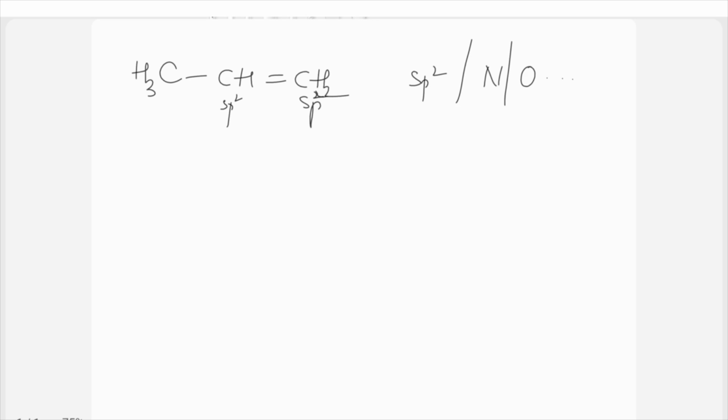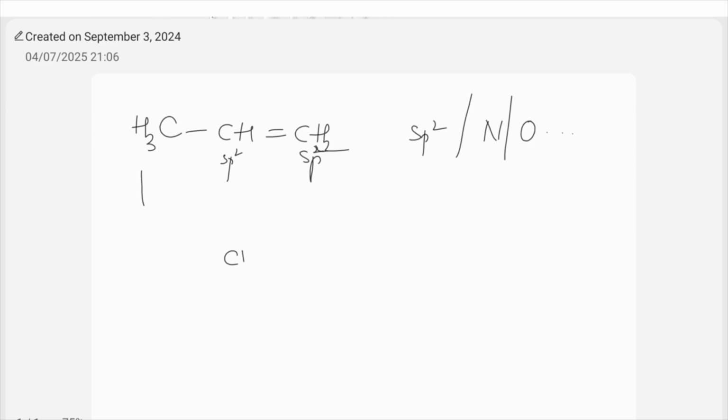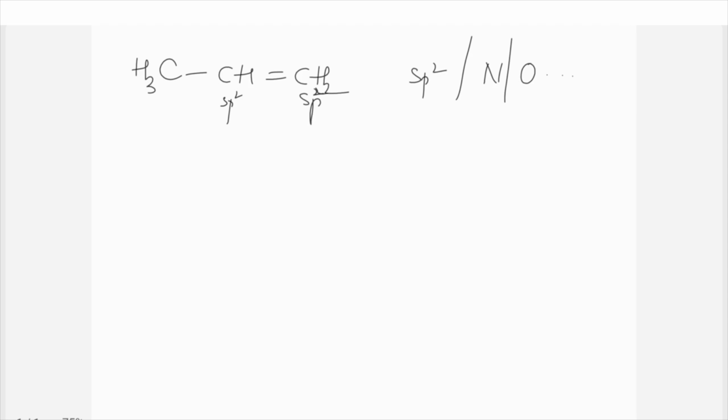Consider the example propene, which is CH3-CH=CH2. The main criterion for hyperconjugation is an sp2 carbon or a p orbital of nitrogen or oxygen, etc. Here we have sp2 carbons, because this carbon is sp2 double bonded, and this carbon is also sp2 double bonded. Now if we split this into an orbital diagram, we can write this as CH single bond CH2.